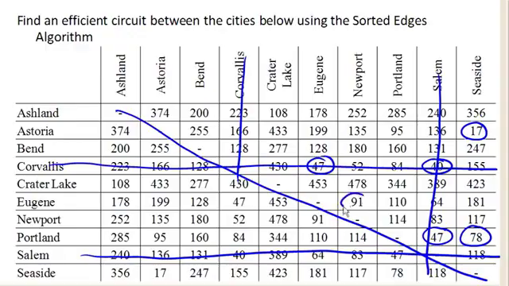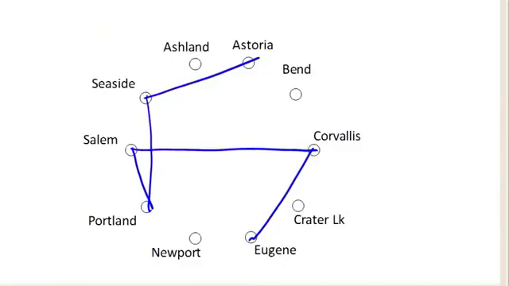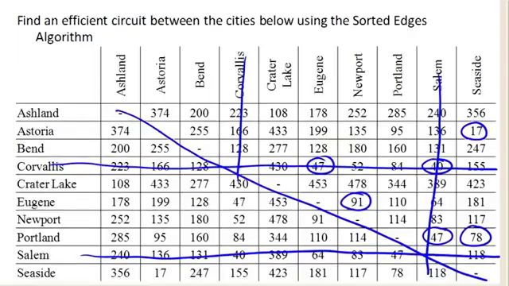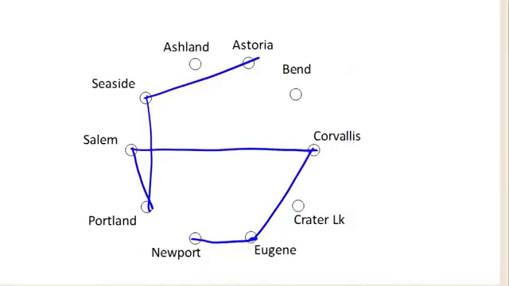So we got Eugene to Newport here, and next one is Portland to Astoria here, 95. We do not want to connect that because we would have degree 3 here, and it would create a mini circuit. So we're going to skip over that one. So no Portland to Astoria.